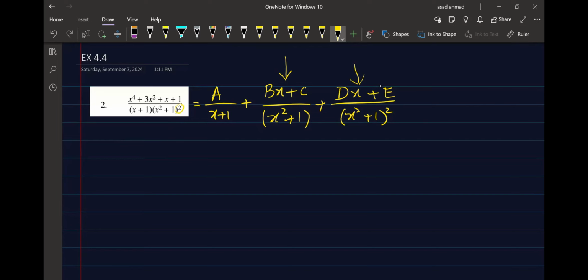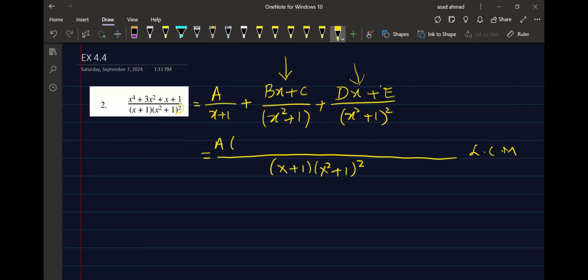Once we start, we always start by taking the LCM. So again, we will take up the LCM in this part, and the LCM will be one linear factor and the square of the quadratic part.